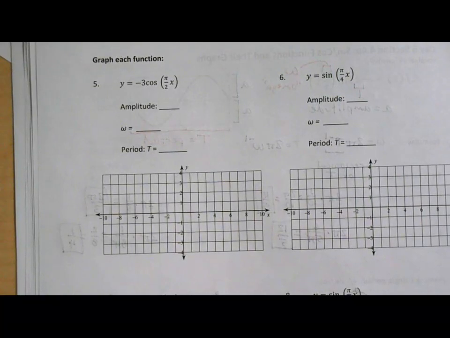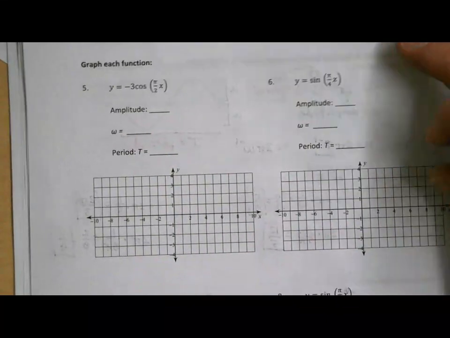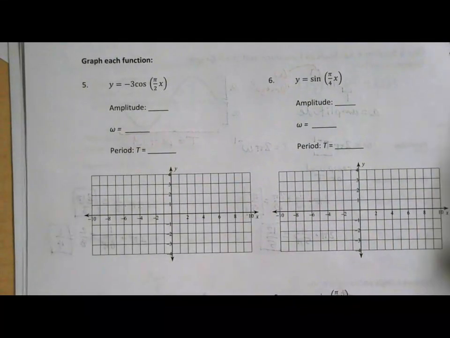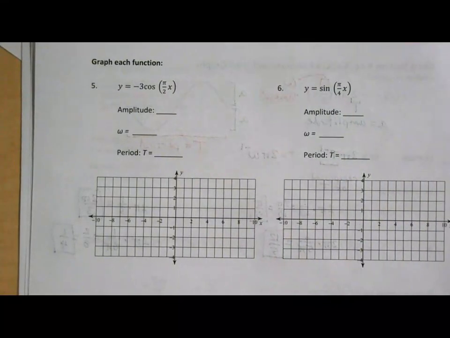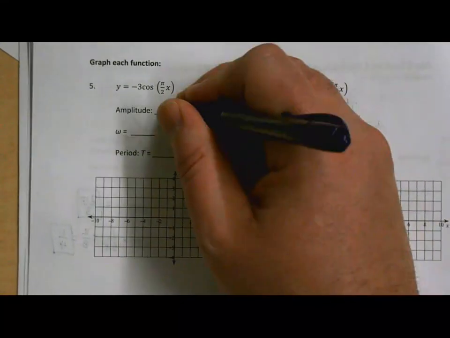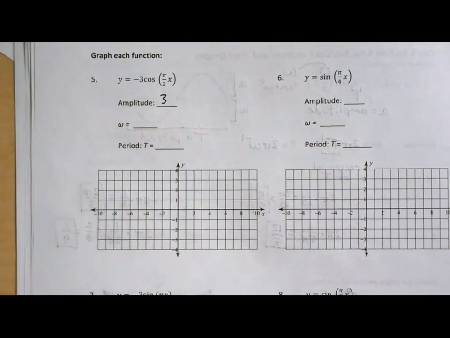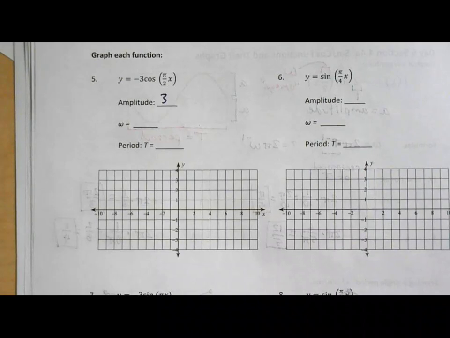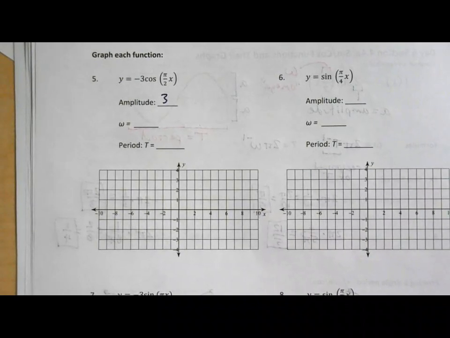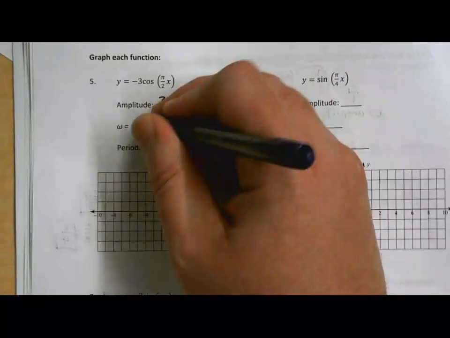So here we go. Can you look at this equation and tell me what the amplitude is? It's 3. Can you look at the equation and tell me what omega is? Omega comes directly from the equation. This time we got pi over 2.